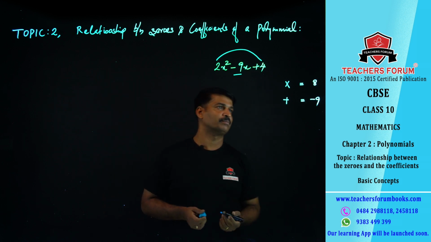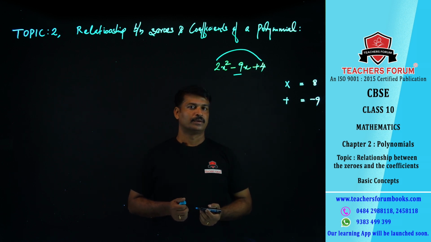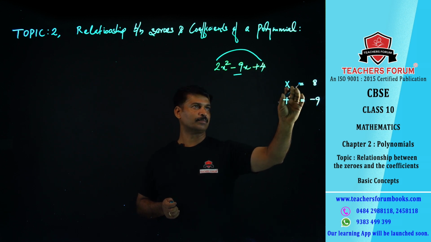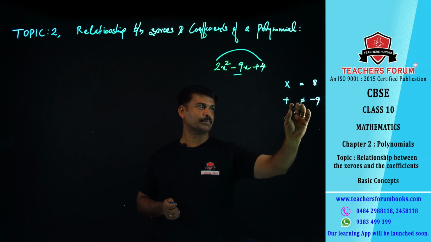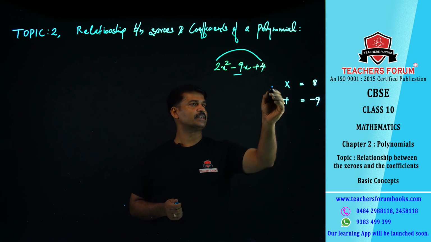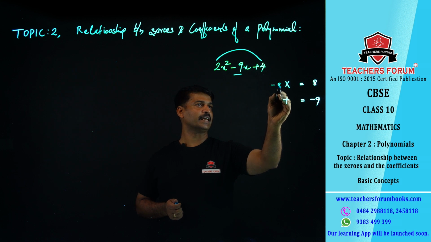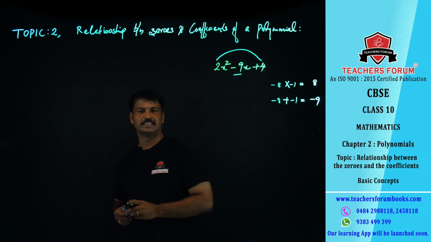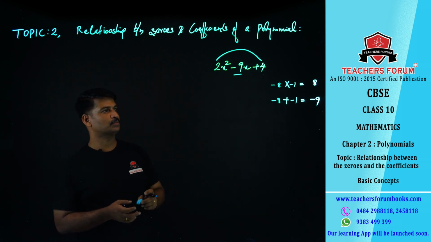Can you tell me what are the numbers? You just think about two numbers. So the numbers are minus 8 and minus 1. You see, what is minus 8 into minus 1? That is 8.